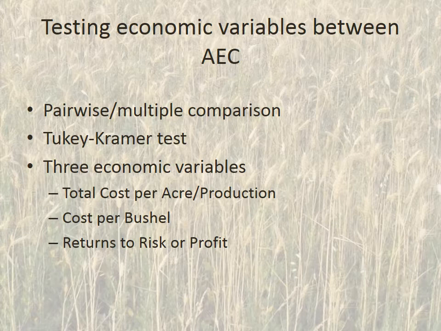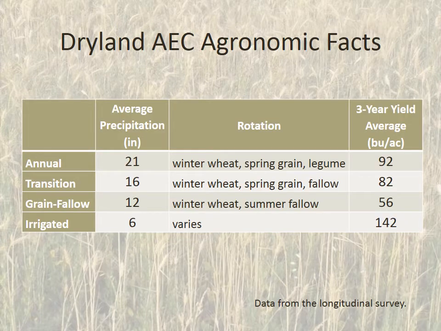Like I mentioned before, I did three economic variables: the total cost per acre, which can also be called total cost of production, our cost per bushel, and our returns to risk, or in other words, profit. Just to give you a little bit about the agronomic and biological differences between these classes, I've asked growers about their precipitation, their rotation, and yield every year.